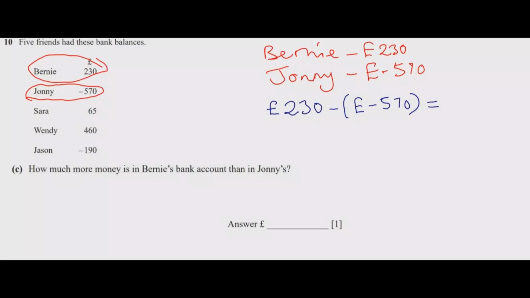To evaluate this, we say 230 pounds, then a negative times a negative will give us a positive, which is going to be plus 570 pounds. When I said we multiply the negative signs, I was talking about this negative multiplied by this negative. Ignore the unit. Don't let the unit confuse you.